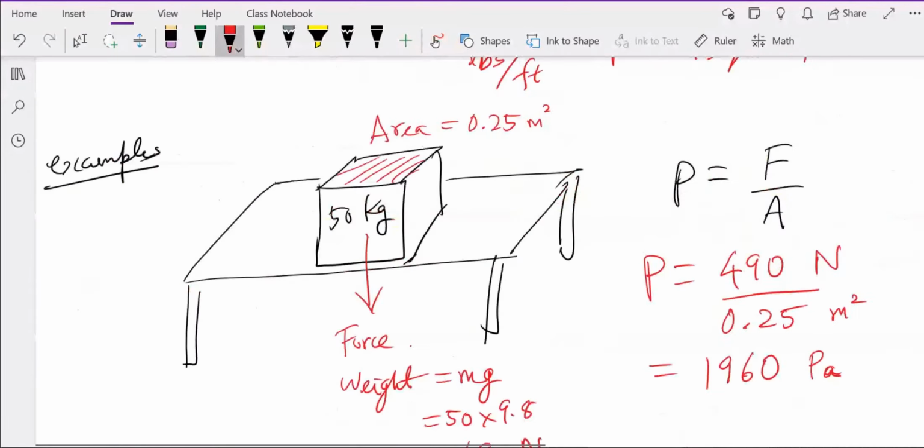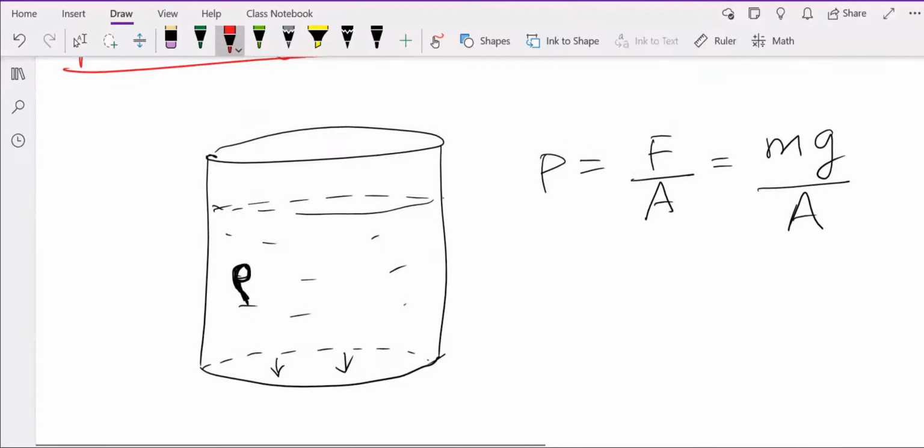So I'm coming back here again. So rho is the density, and then the height of this fluid. How much height is there? That is h. The area is A, the area of the base, the area of the bottom.